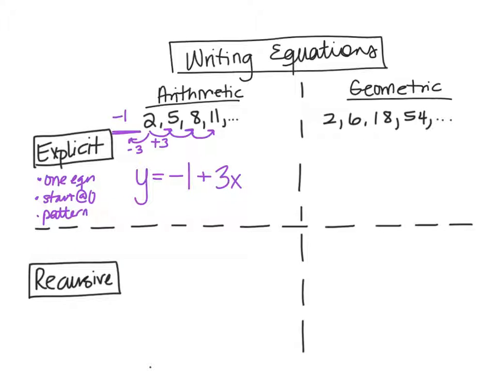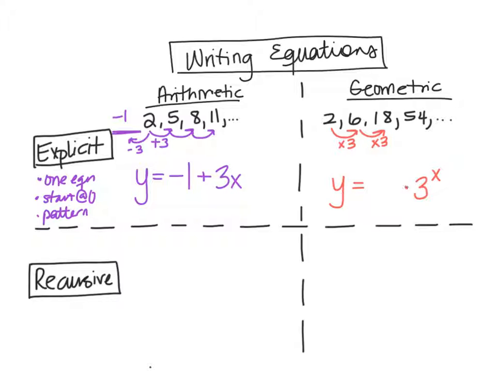Now, geometric is very similar, except the pattern is a little bit different. Because the pattern now is times 3, when you repeat multiplication over and over again, that is what we use exponents for. So in this, it's 3 to the x. That's my pattern. Instead of x being a variable that you're multiplying, like it is in the arithmetic, x is going to be an exponent because you're multiplying over and over again.